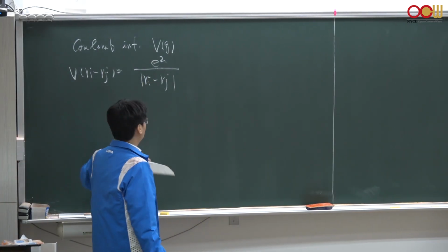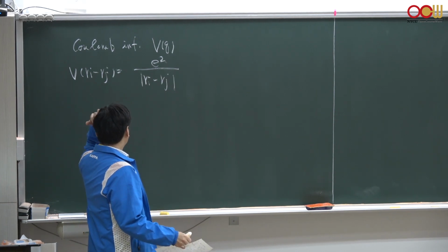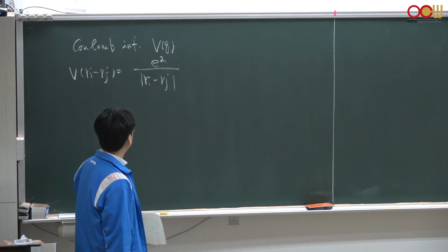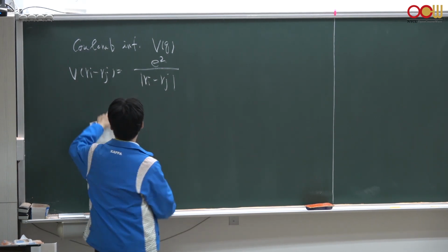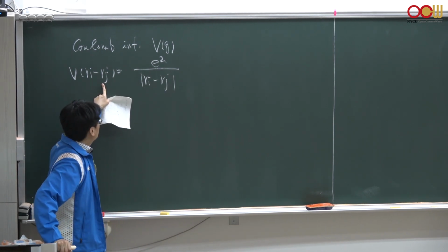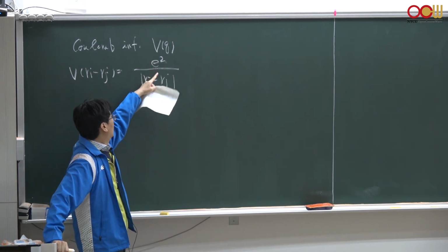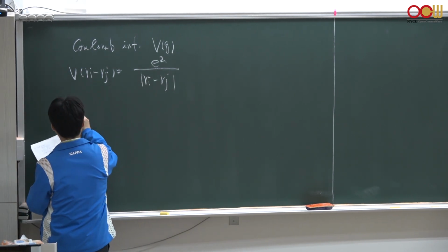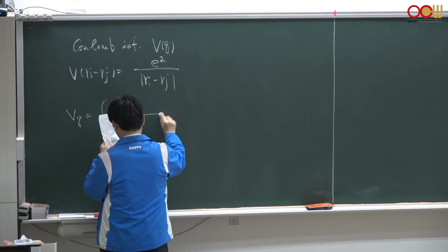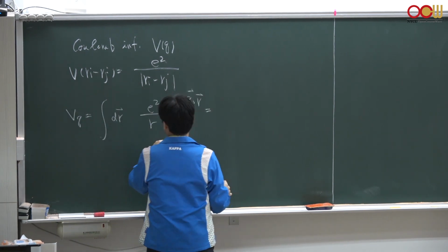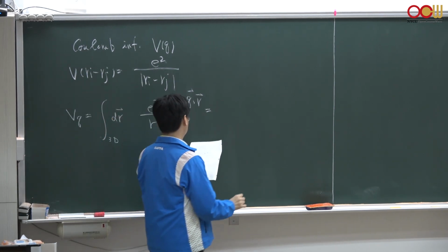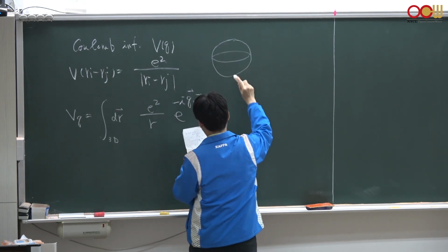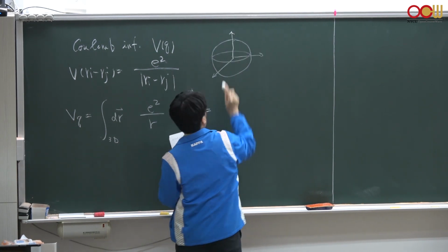So now let's really explicitly calculate the Fourier transform of this V of r in momentum space, which is V of q. And we know that this is Coulomb energy between two electrons, which is given by e squared over the distance between these two. And V of q is just this Fourier integral in three-dimensional space, which is given by this kind of a spherical coordinate representation of the integration.